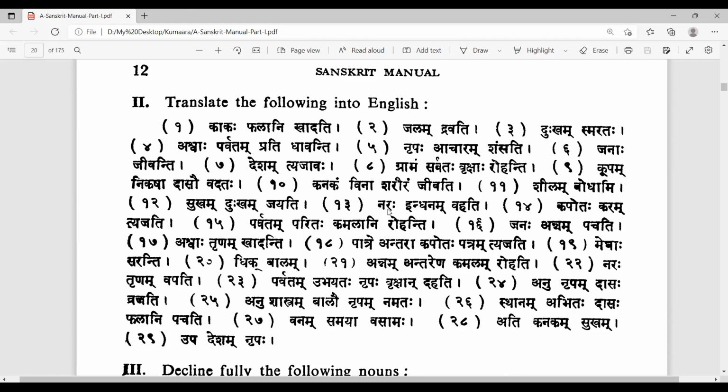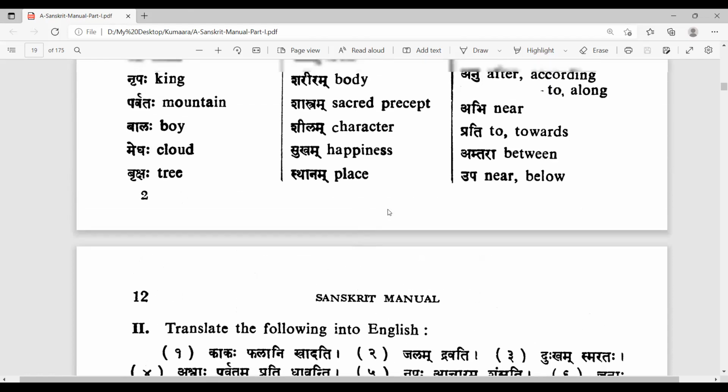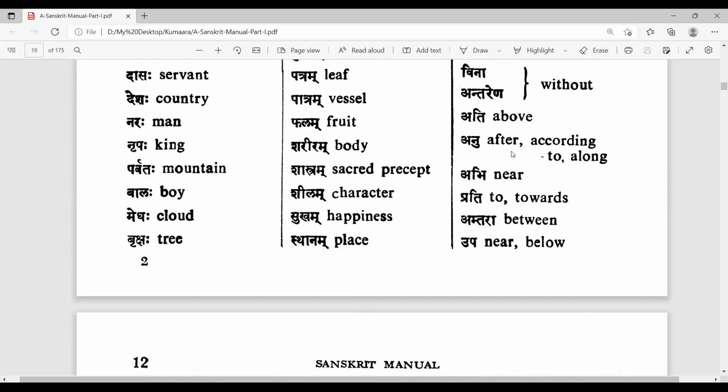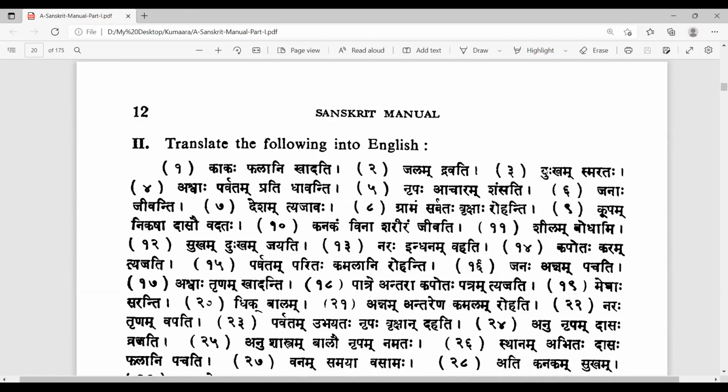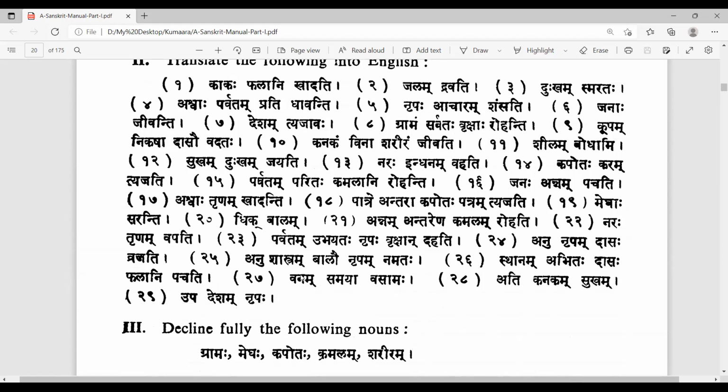That is right. Anu, you can say the meaning after or according to. Nripam dasaha, you saw that the servant goes after the king. Anu. Here it is according to Shastram, in keeping with and according to protocol. According to the Shastram. Okay. Protocol. We have to say Abhivadi, something like that. Yes, exactly.